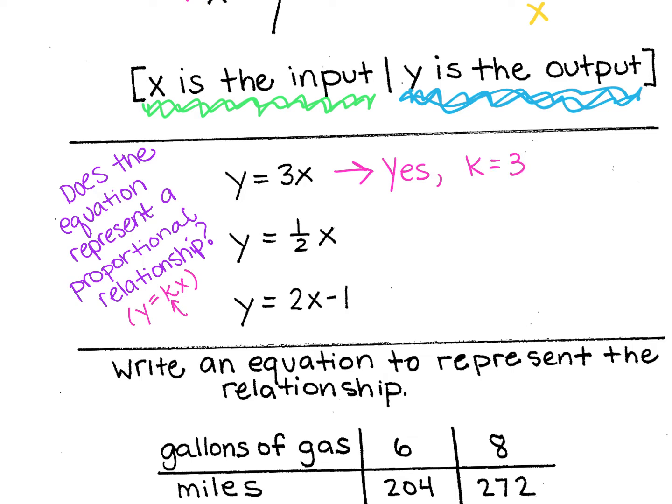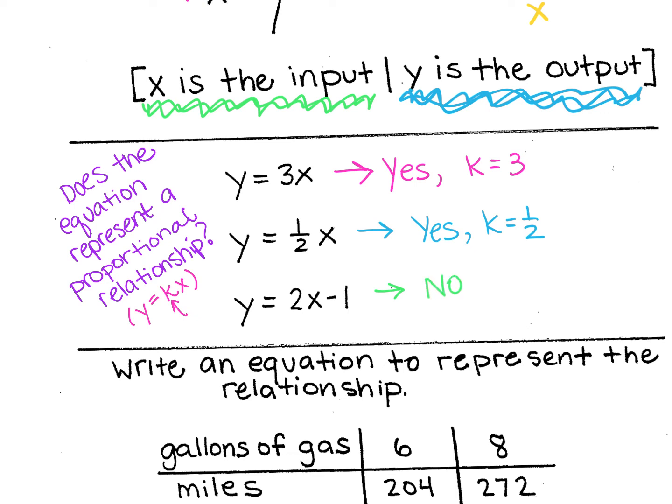The second one, y equals 1/2 x. Does this represent a proportional relationship? Yes. K is equal to 1/2. Last but not least, does this represent a proportional relationship?